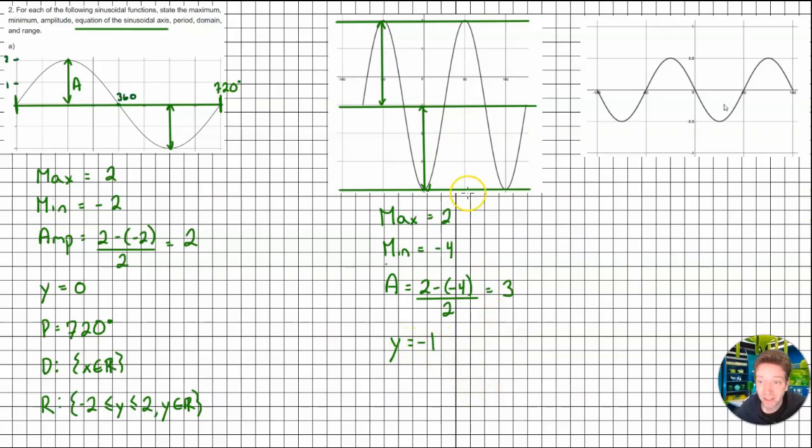Our period, well, let's look at a point to start from. So if we're going to start from 0, because that's easy, we're going to go up and down right back here. So this here to here is one full cycle. So 0 to 180. Now you can just find the difference and do 180 minus 0, which is just 180. Now you don't have to do it from those points.